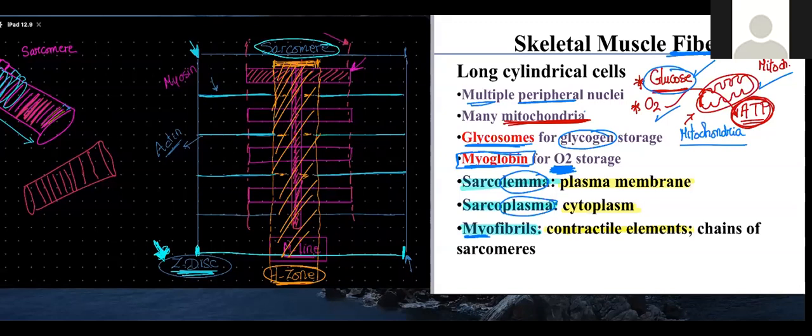The part occupied by the thick filaments is what we call the dark band or the A band.